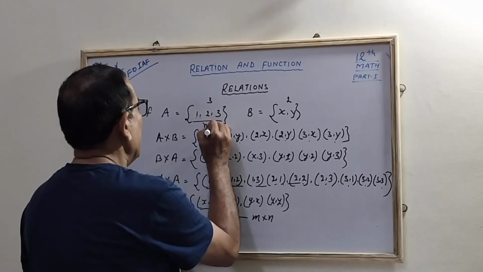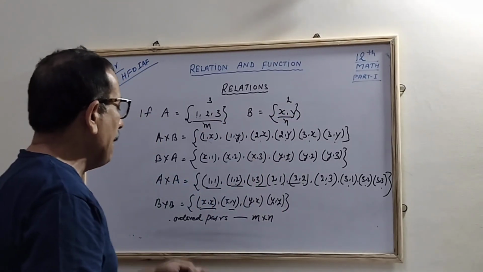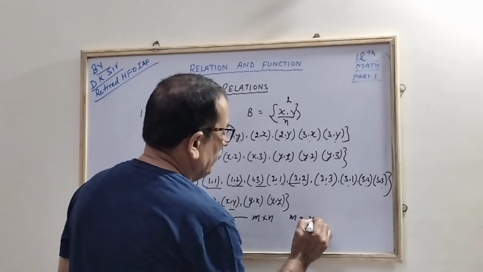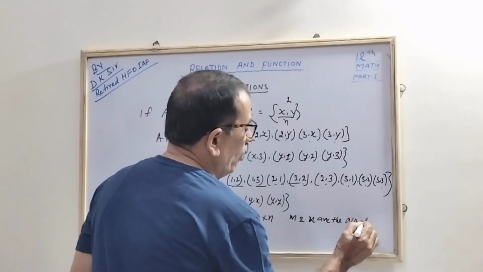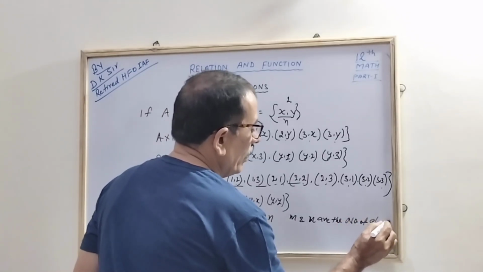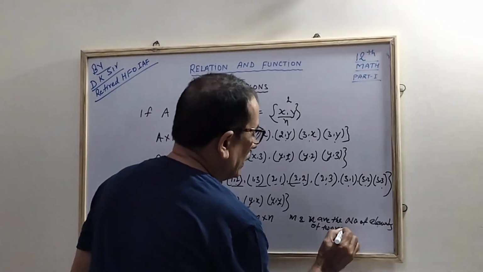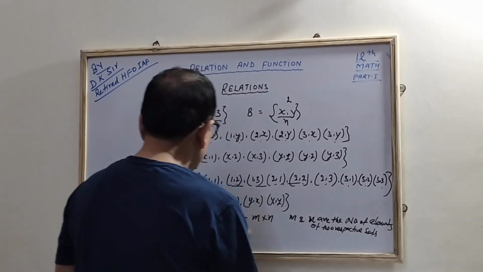If this is m, this is n, then it will always be equal to m into n, where m and n are the number of elements of the two respective sets, correct? Understood? I think you understood.